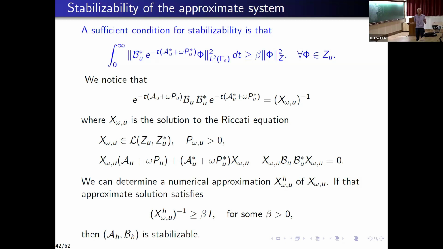So the control operator is changing if you change the control location. And so you can compute this for different control locations. And if you have one control location which is better at the numerical level, you can expect that it is also better for the continuous system. So the numerical analysis here may help to give some hint of what can be done.